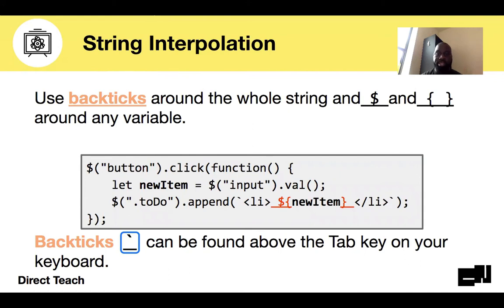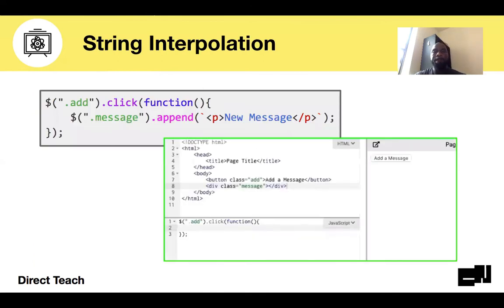So we see our backticks, which are located on the upper left-hand side under the escape symbol on your keyboard. We see our $. You know where the $ sign is. You've used it a lot. We see our curly brace containing the variable name to access the information that's stored in that variable. All right. So we'll take a look at this example.